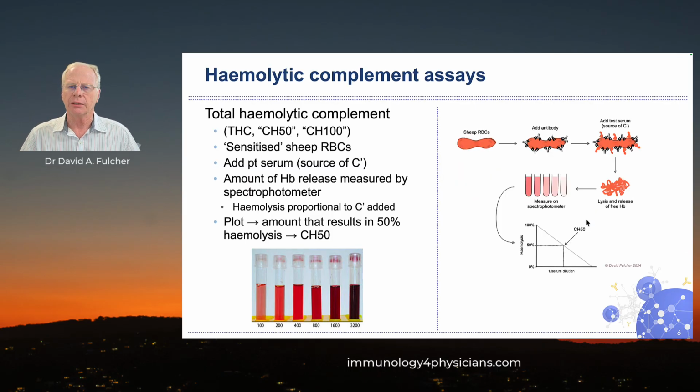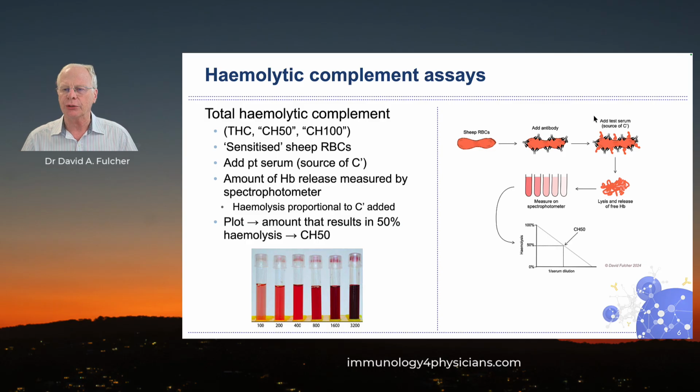Okay, so let's sort of just work through how this is done, just really to illustrate what's going on in that previous slide. So basically you take sheep red cells, because they're fairly easy to get hold of, and you add an antibody to it, an anti-sheep red blood cell antibody. It doesn't really matter where that antibody or what species that antibody comes from, as long as it can activate complement, human complement.